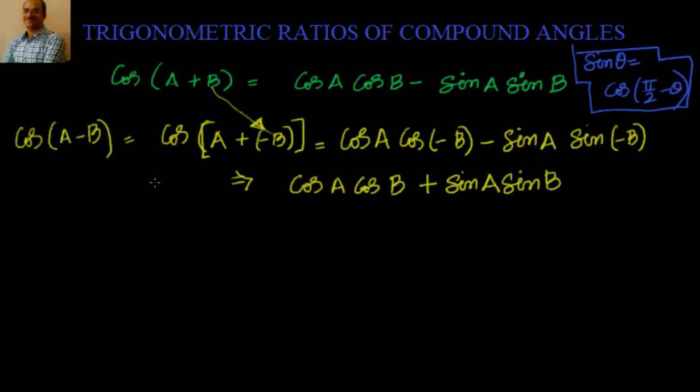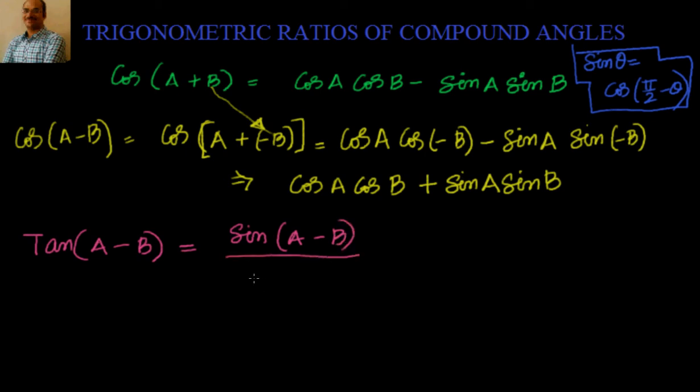Now let us see what is tan of (a - b). Want to find out what is tan of (a - b). Tan of (a + b) we have done just now, that is nothing but (tan a plus tan b) by (1 minus tan a tan b). Now again tan of (a - b), I know tan theta equals sin theta by cos theta. So I can write sin of (a - b) divided by cos of (a - b).